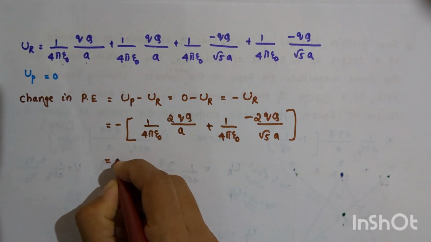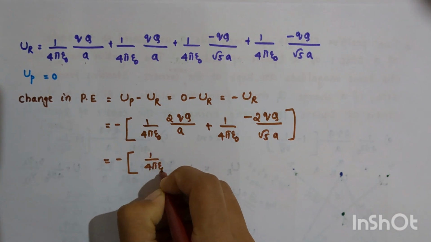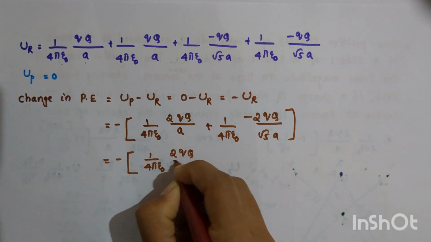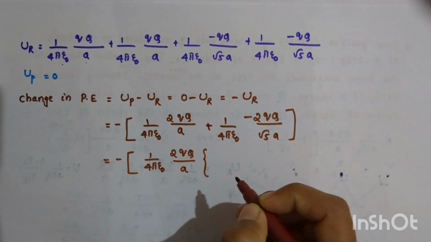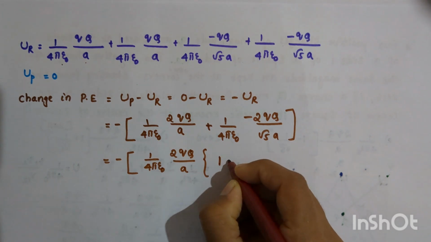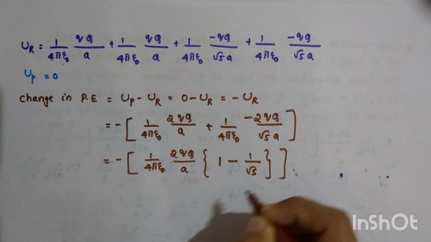Now this can be written as minus of 1 by 4 pi epsilon 0. Then I am taking this 2QQ by A outside, so that it becomes 1 minus 1 by root 5.